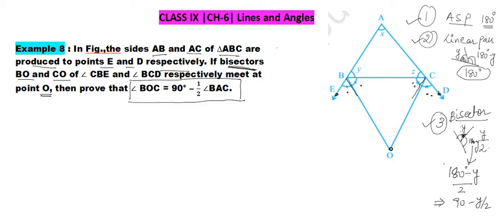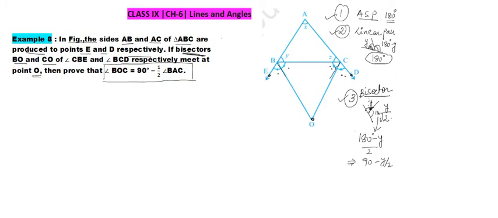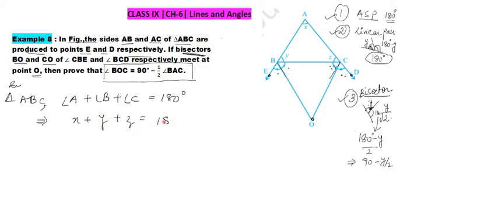So let's start with our proof. First, we consider triangle ABC. In triangle ABC, we can say that angle A plus angle B plus angle C is equal to 180 degree, or I can even write it as x plus y plus z is equal to 180 degree.